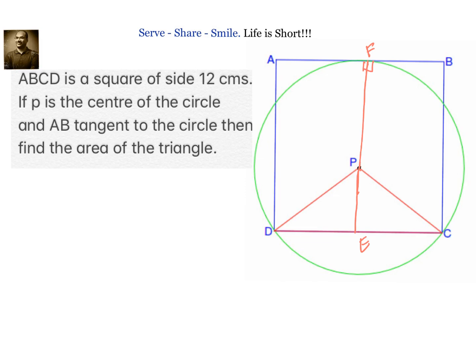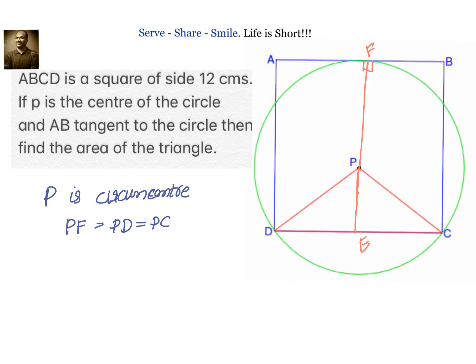Say this is E. The first thing we know immediately is P is the circumcenter of the triangle. Why is P the circumcenter? Because we know PF is equal to PD is equal to PC.